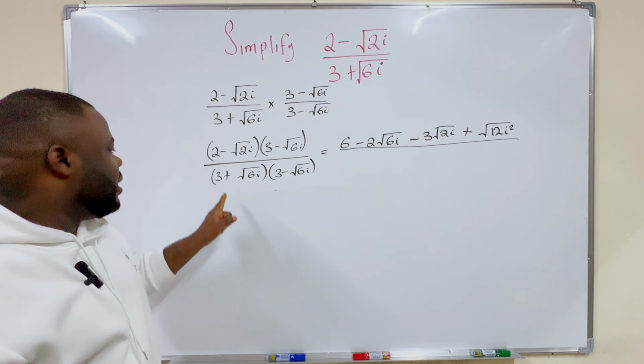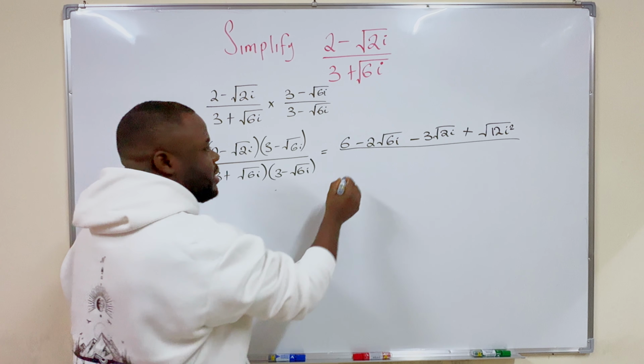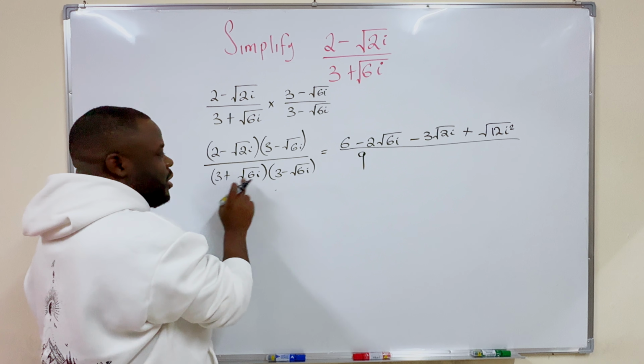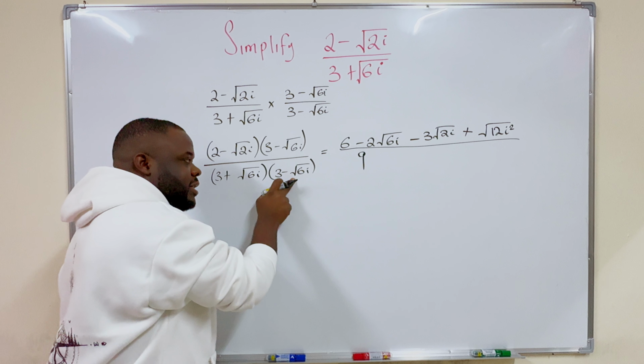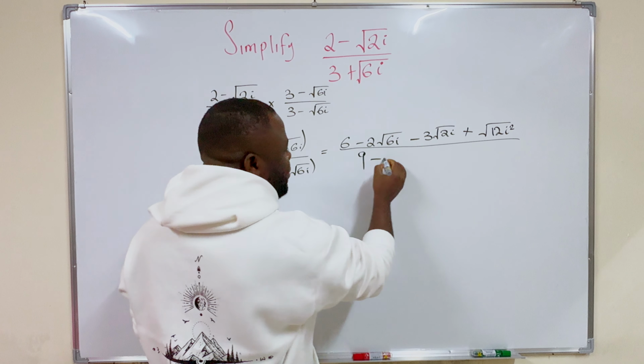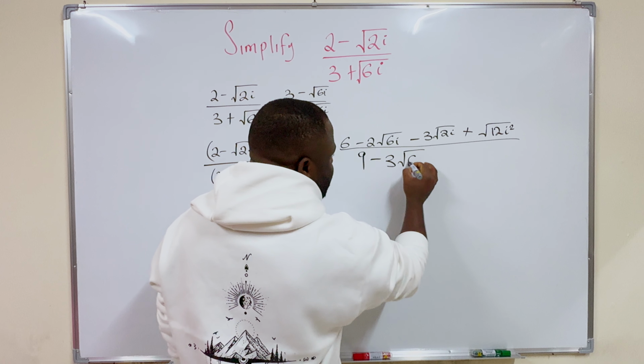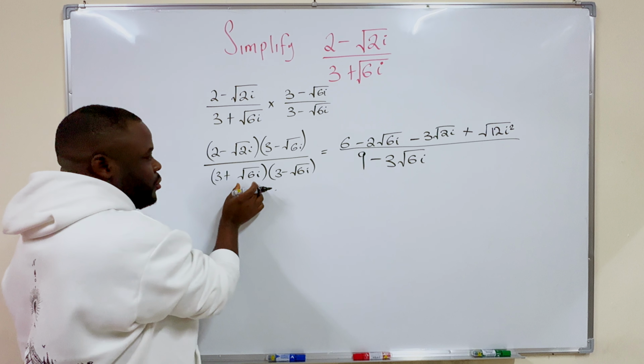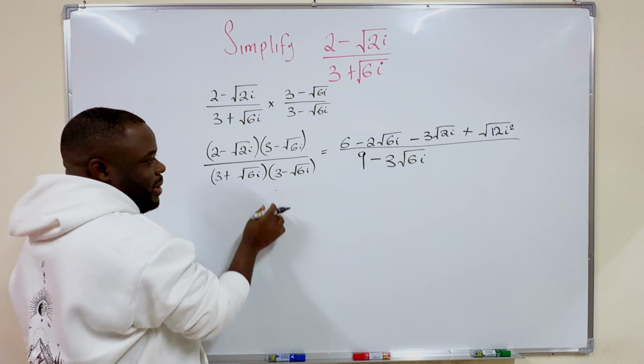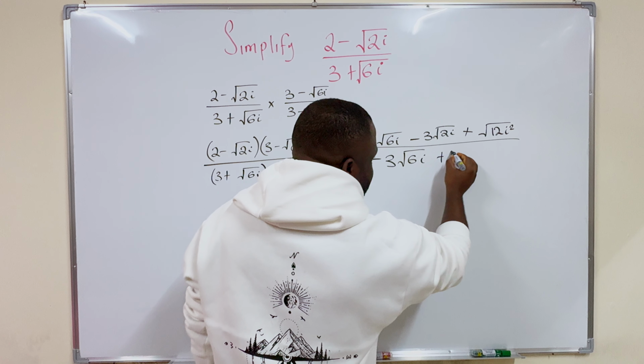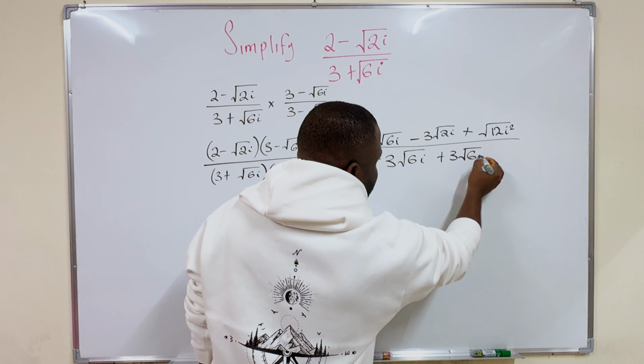So let's expand. 3 multiplied by 3 is going to give you 9. Then 3 multiplied by negative square root of 6i is going to give negative 3 square root of 6i. We also do square root of 6i multiplied by 3, which gives you plus 3 square root of 6i.